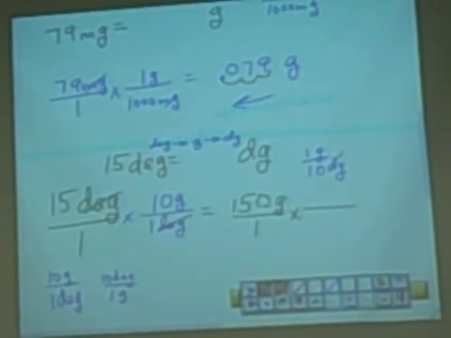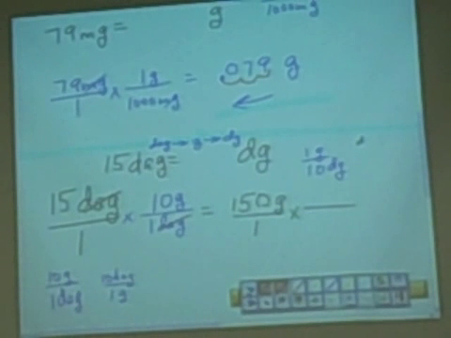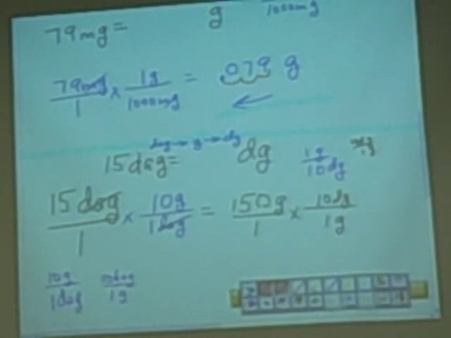Okay, so we put that over 1 times, now we want to convert from grams to decigrams. So are we going to write this as 1 gram over 10 decigrams, or are we going to write it as 10 decigrams over 1 gram? Good, because the gram has to cancel, right? So we want 10 decigrams over 1 gram and cancel the units for grams.